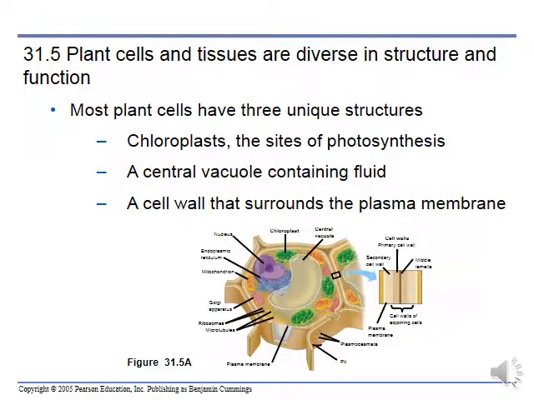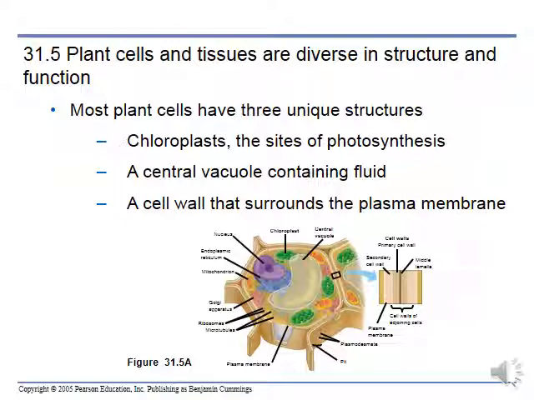Plant cells and tissues are diverse in structure and function. When we look at a typical plant cell, what we showed you in regular bio, and we call it a plant cell, that's what most cells have, but not all plant cells have the same thing. Some of them don't even have chloroplasts, some don't have central vacuoles.